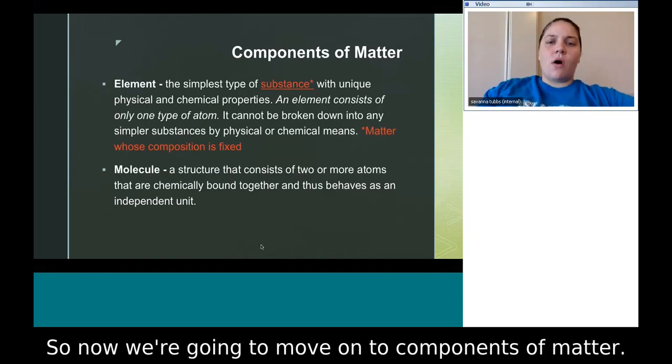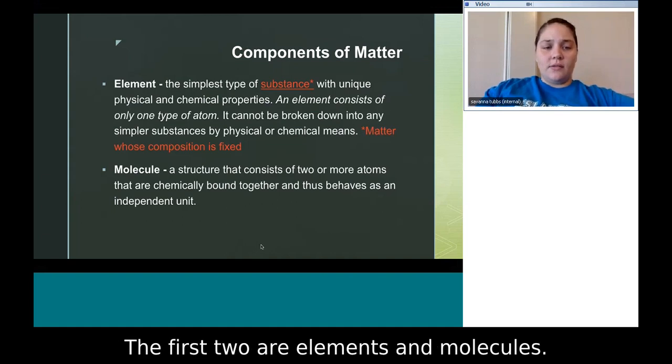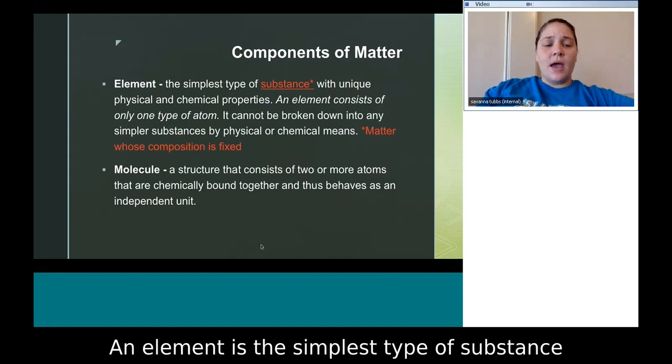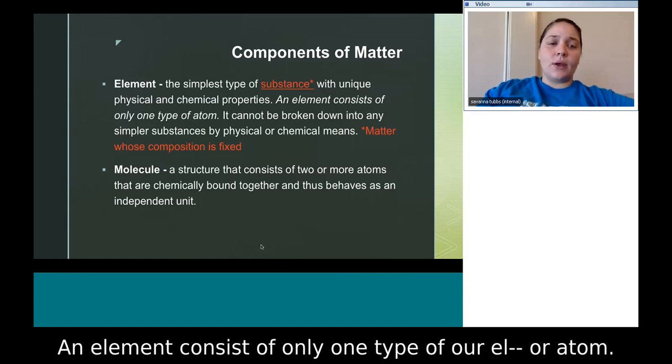So now we're going to move on to components of matter. Altogether, we're going to cover 4 components. The first 2 are elements and molecules. An element is the simplest type of substance with unique physical and chemical properties. An element consists of only one type of atom.